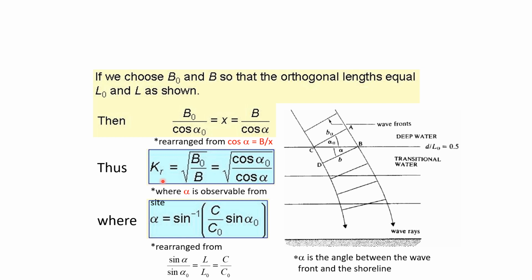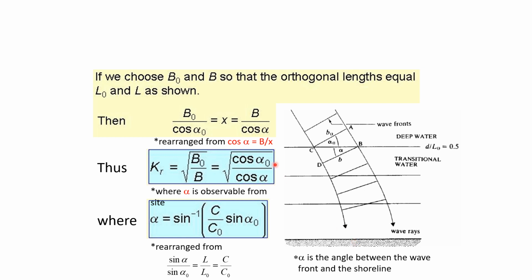Here we see that there are two orthogonals which are refracted as the wave propagates towards the shoreline, moving from deep water to shallower and shallower water, whereby the bathymetry of the water changes parallel to the shoreline.